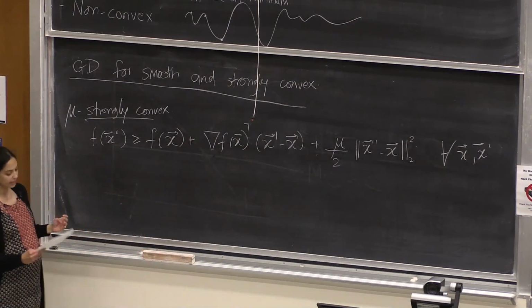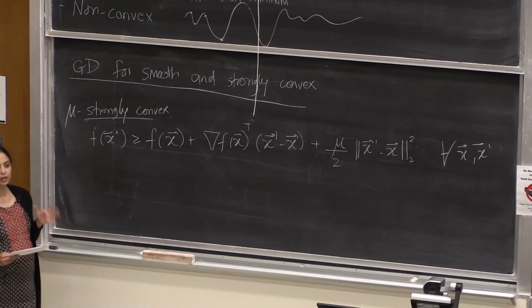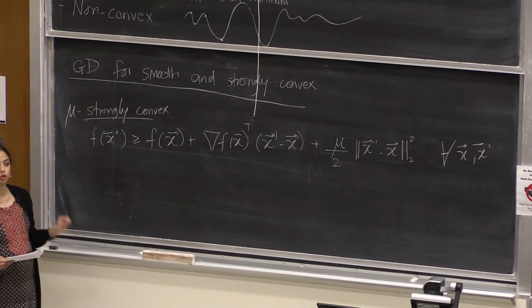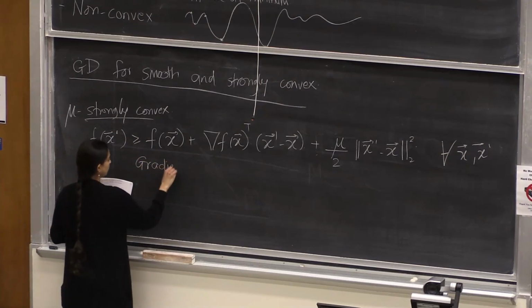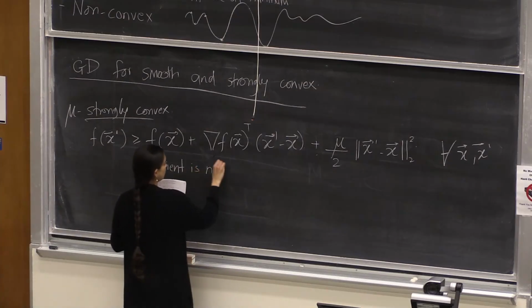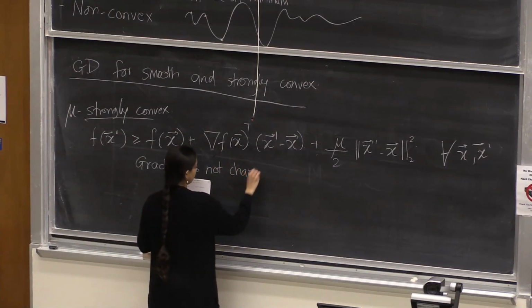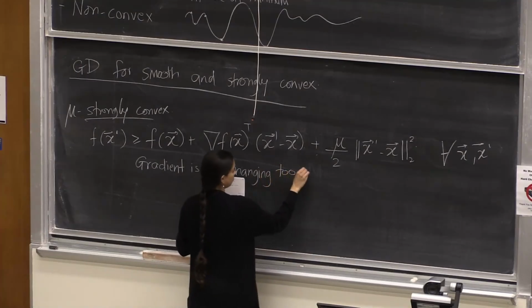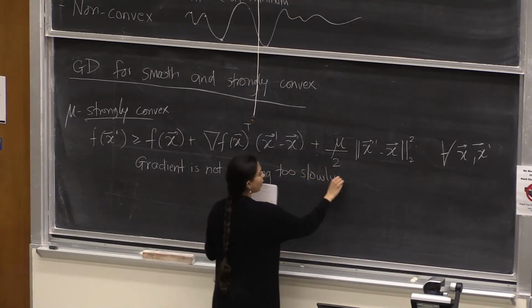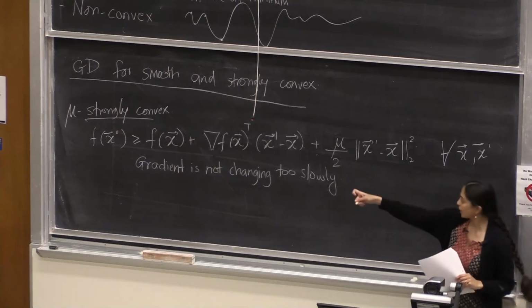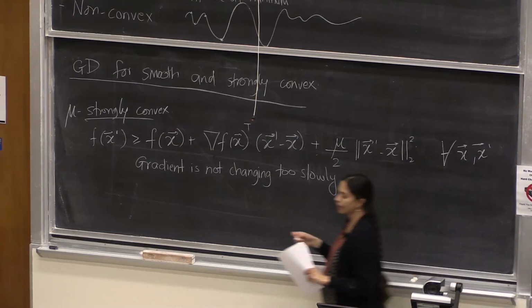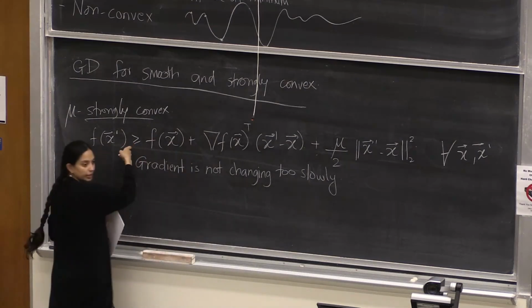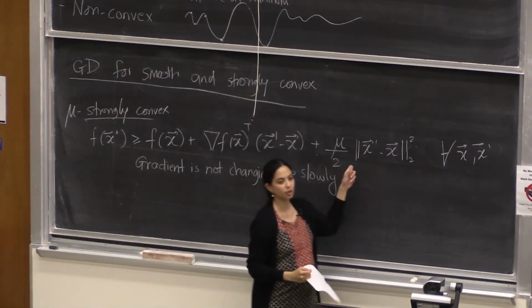So what this is saying is that I want to be in a situation where my gradient is not changing too slowly, okay? And why do I say that? When I say I want f of x to be greater than or equal to this, if I wanted to write out just the Taylor series, I would have an approximately equal sign here. And instead of this term, what would I have?